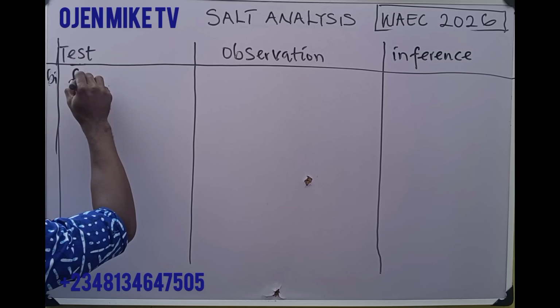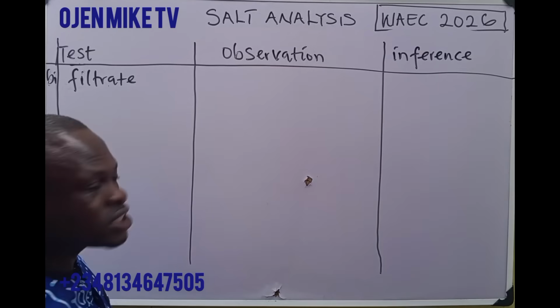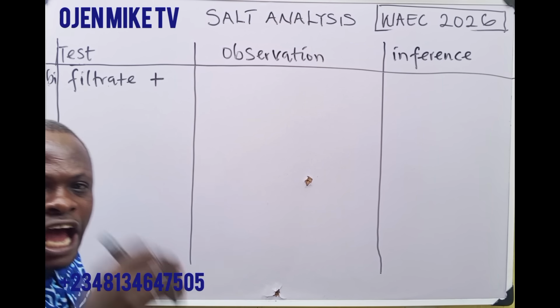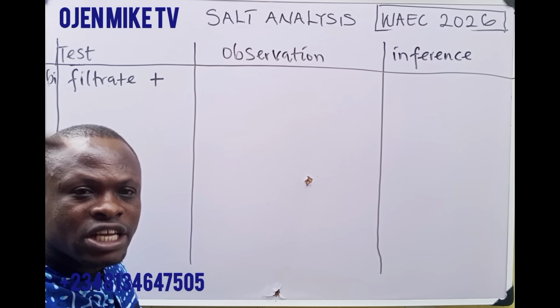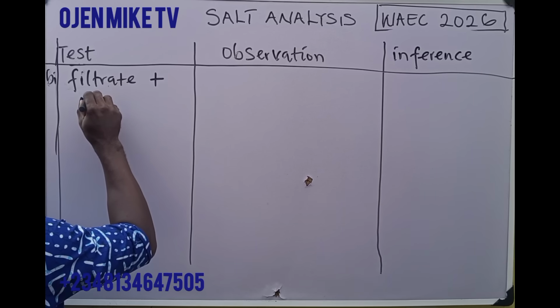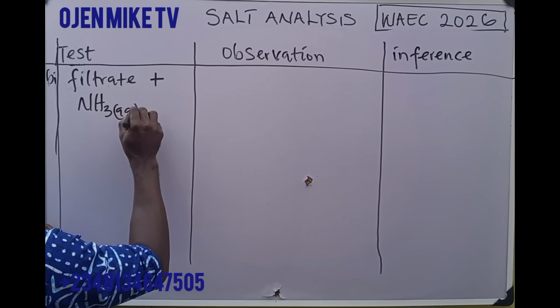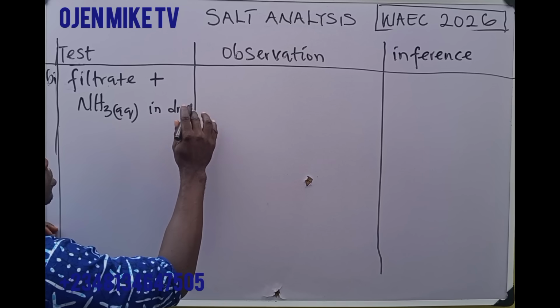You say filtrate, plus the filtrate is either from the one of HNO3 or the filtrate from HCl. Filtrate plus aqueous ammonia in drops.